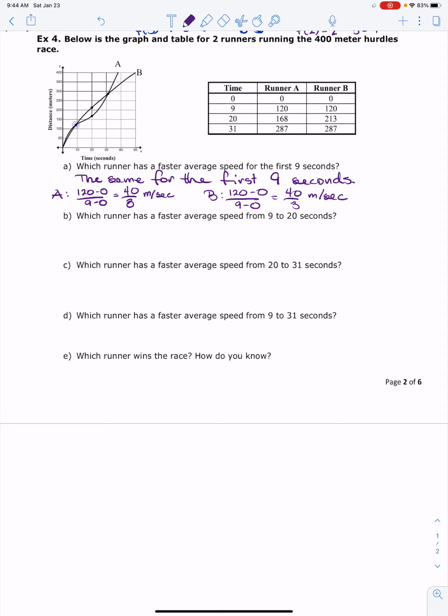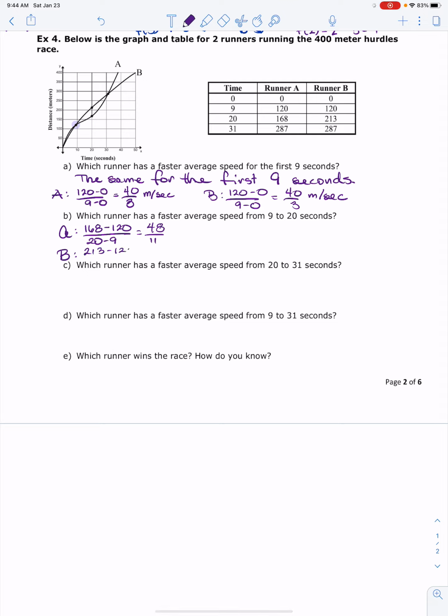Which runner has the faster average speed from 9 to 20 seconds? So let's take a look at what we've got here. So here is runner A. Runner A goes 168 minus 120 over 20 minus 9. I've got 48 over 11. Runner B goes 213.